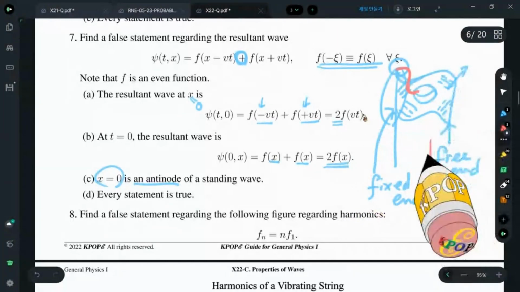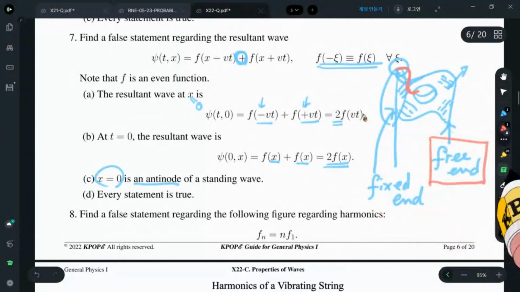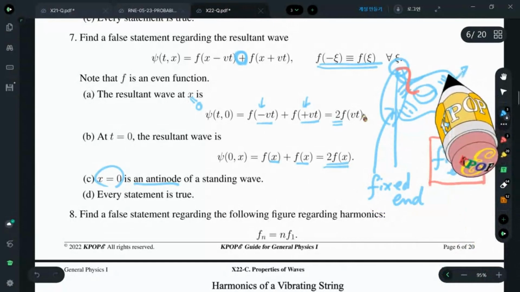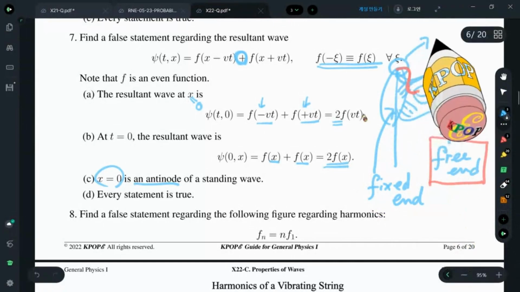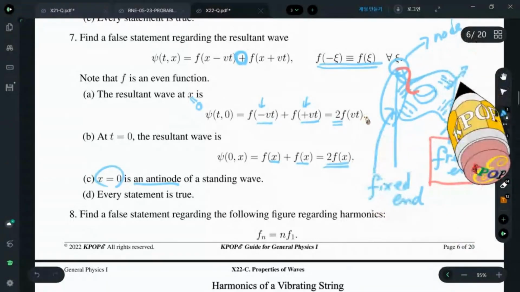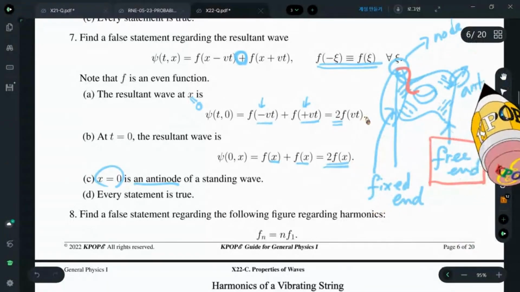And at the free end, the oscillation is doubled. Here is a node, and here is an antinode.